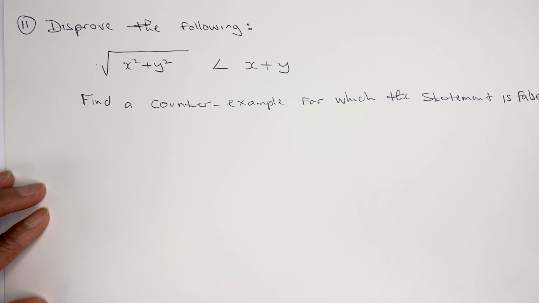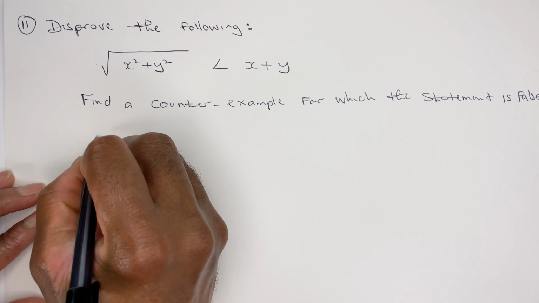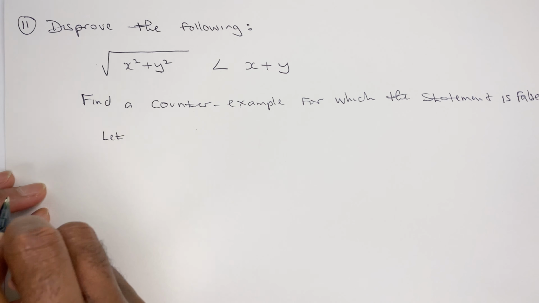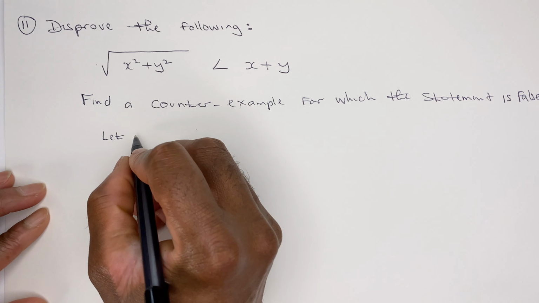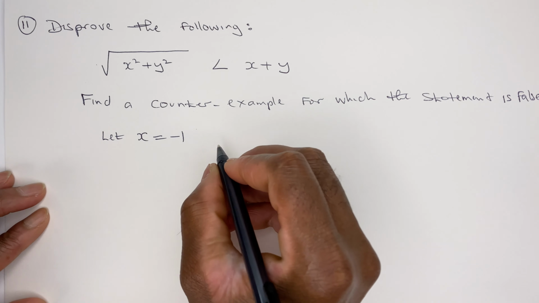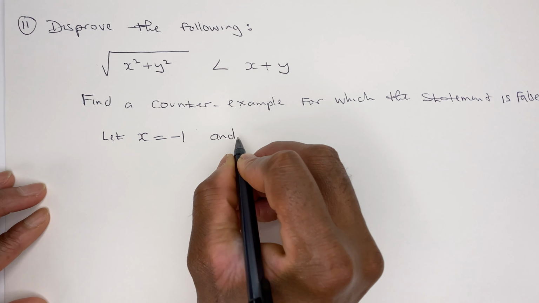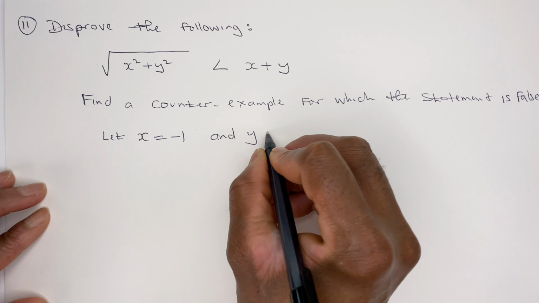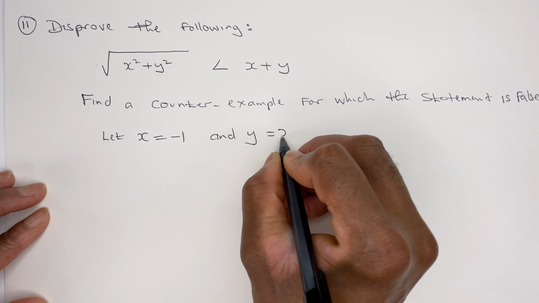So in order to do that, we could say let x equals -1 and y equals 2.